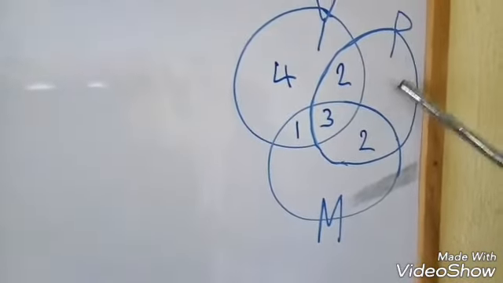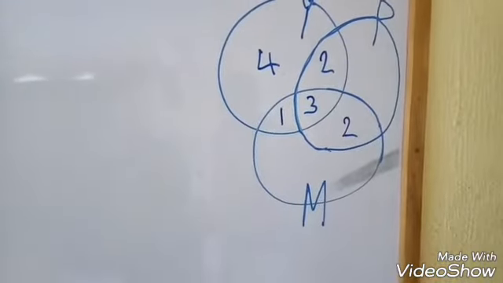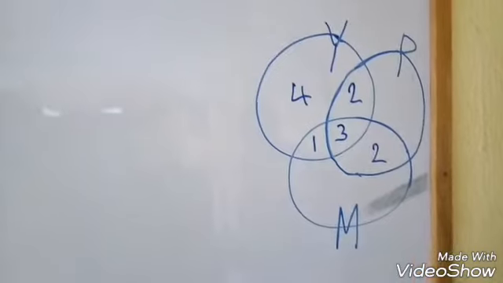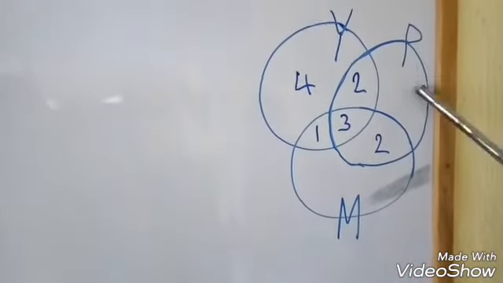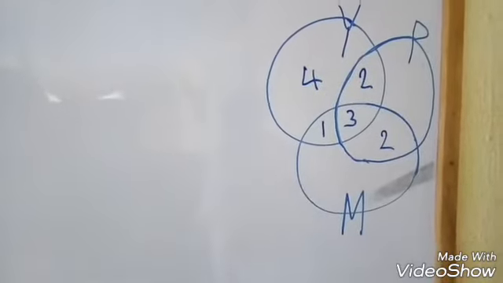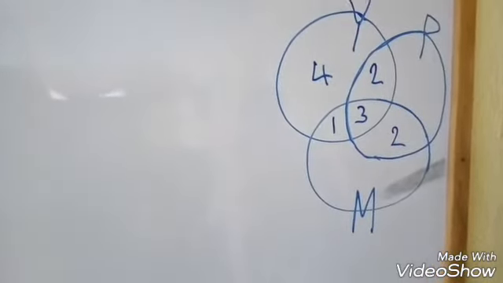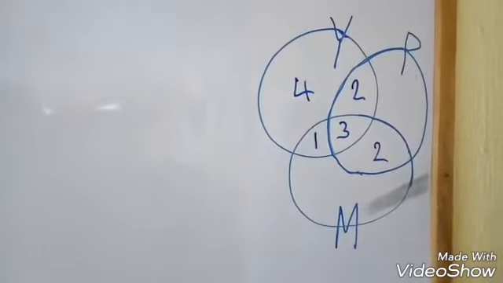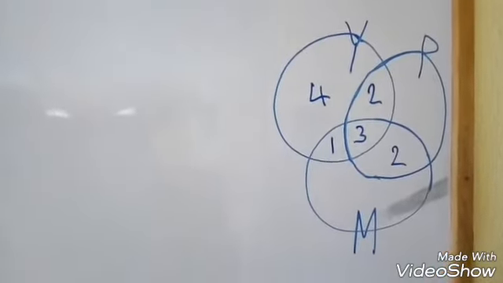Then this region, P only, or n of y complement intersection p intersection m complement, is what we are to find now. The whole of P is given as 14.